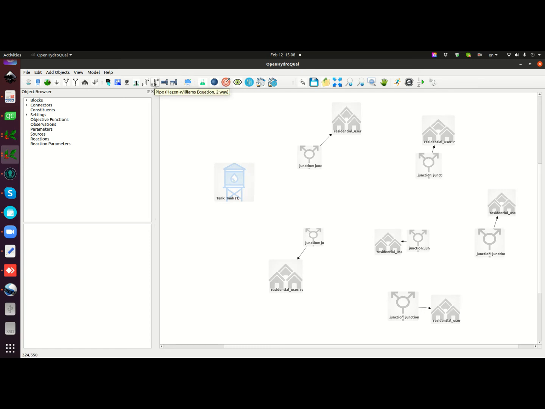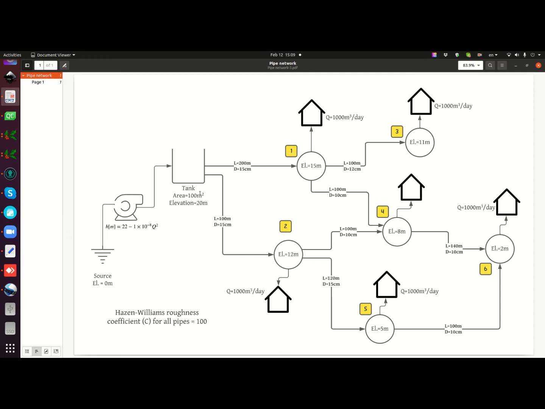Basically, the way my network is configured is that I have a connector from my tank to junction 1, and I have also one from the tank to junction 2, and then let me check the diagram.